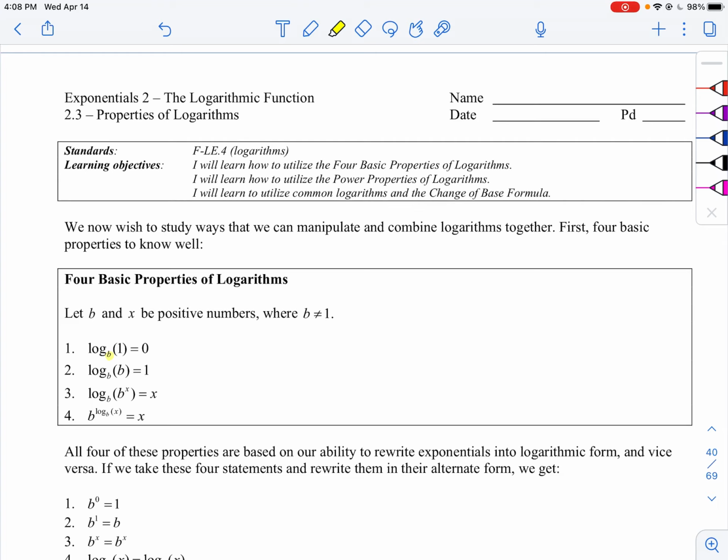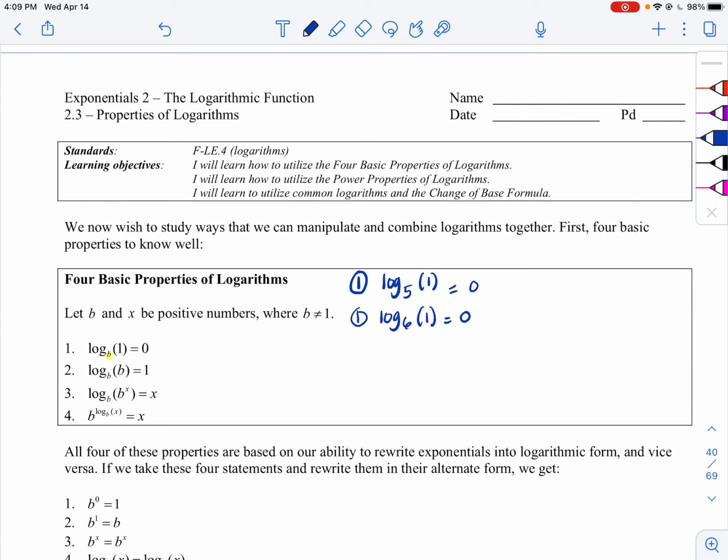So let's have an example to match with this property. Property number 1: if you have a log with a base of 5 and a 1 inside the parenthesis, the answer is 0. Also, still property number 1, if you change the base to 6, but your parenthesis is still 1, the answer is again 0.